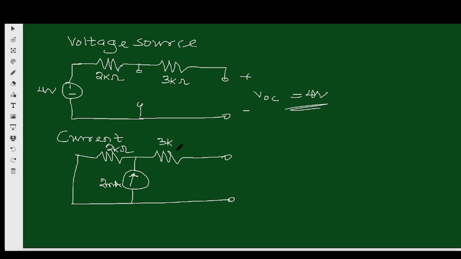Like I said earlier, the 3 kilo ohms won't have a voltage drop, and the 2 kilo ohms won't have a voltage drop, because it's series to an open circuit.